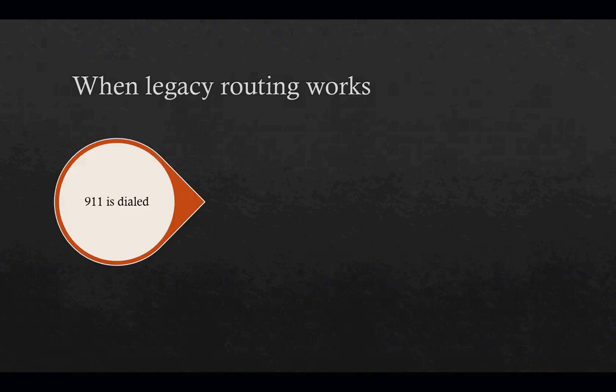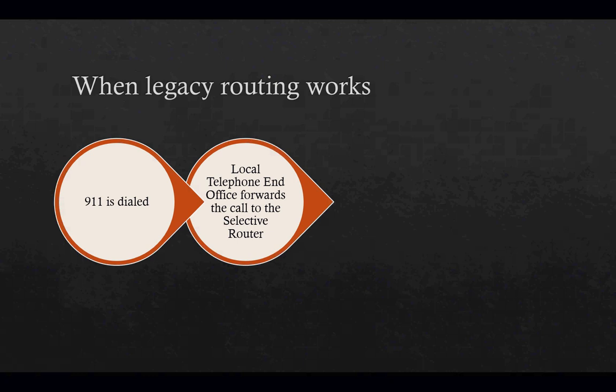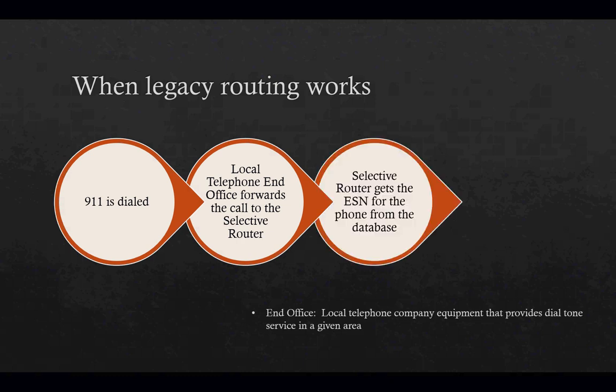So someone dials 911. And when they do, their local telephone company's end office, which is the equipment that actually provides dial tone in the local area, sees that it's a 911 call and forwards it to a piece of equipment called the selective router. The selective router is a telephone switch that allows the 911 call to be routed based on the emergency service number.